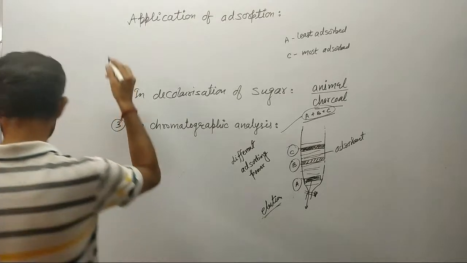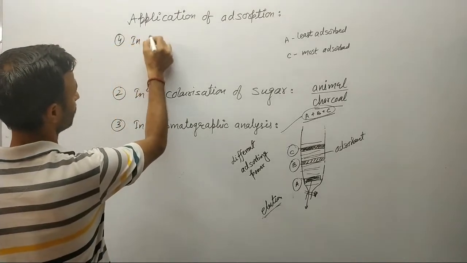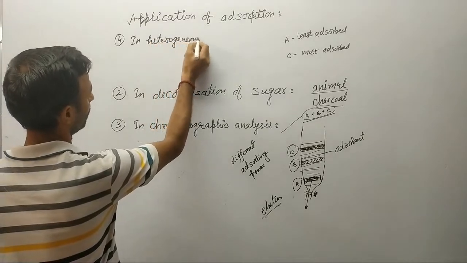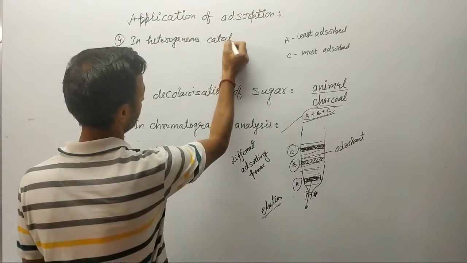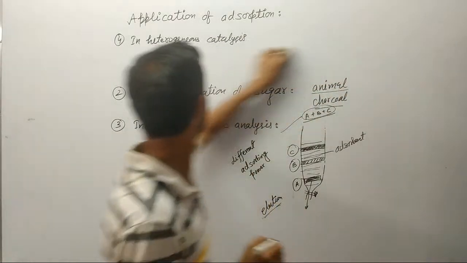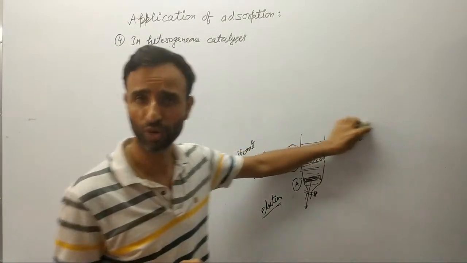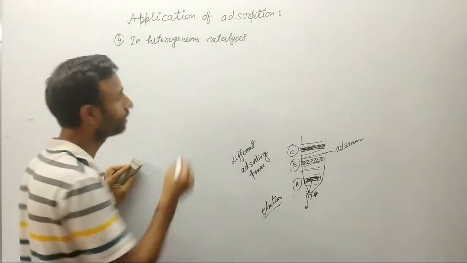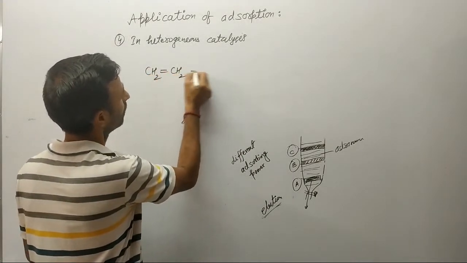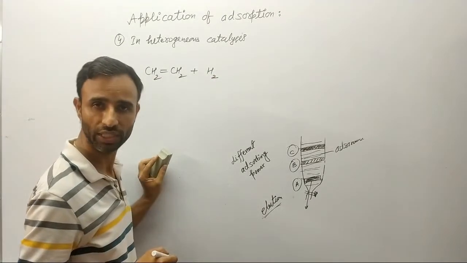Now in heterogeneous catalysis, when we deal with gaseous components, I will give you one example: the hydrogenation or reduction of ethene.